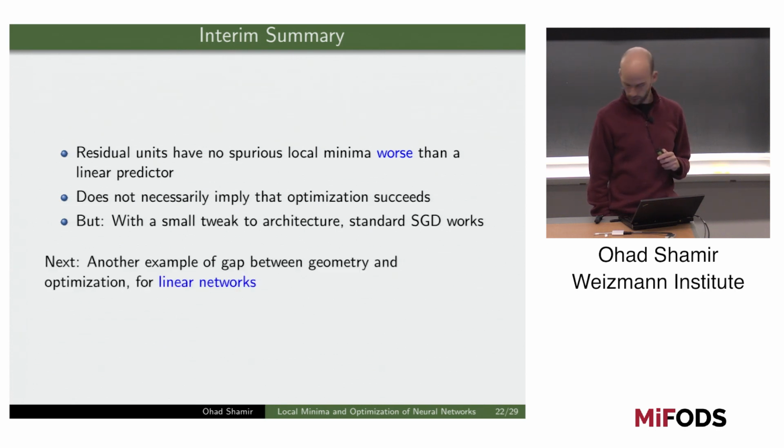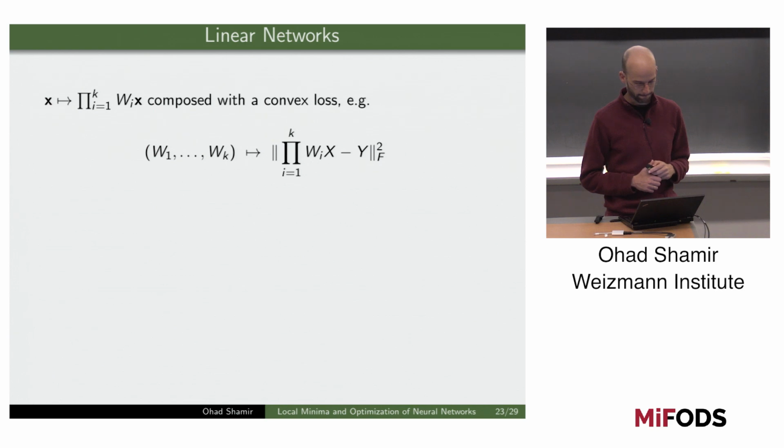What I'm going to do next in the last part is to show another example of this gap between nice geometry and hurdles with optimization, in the context of linear networks. As I said, linear networks are basically just the input multiplied by a product of matrices.